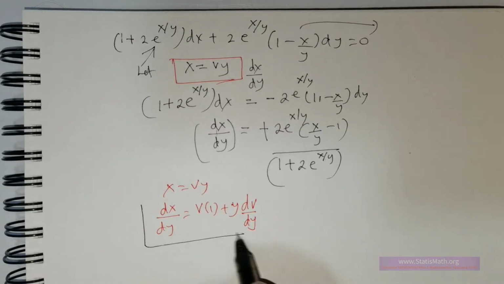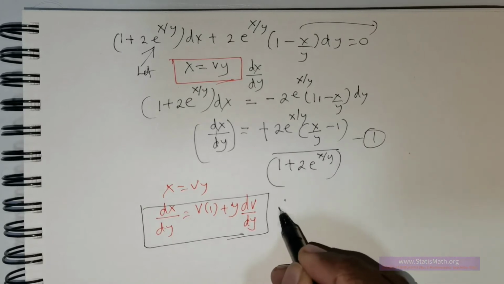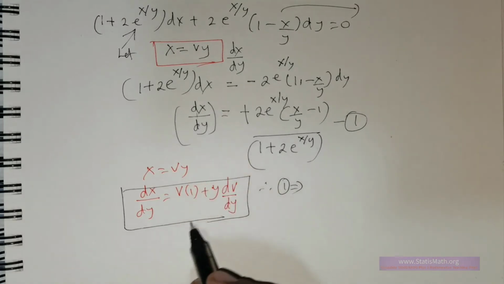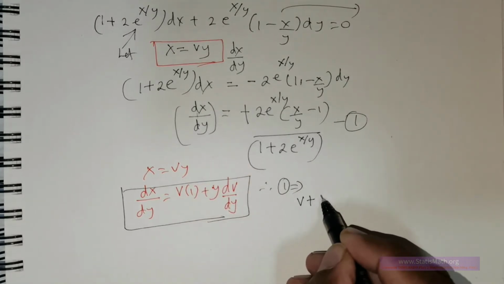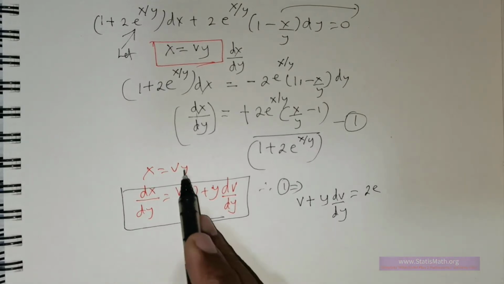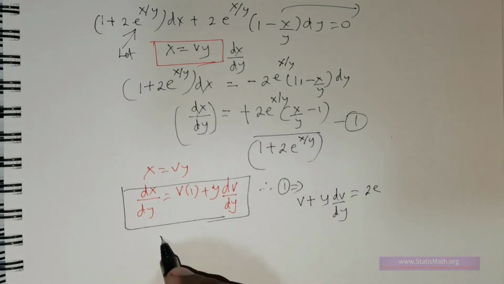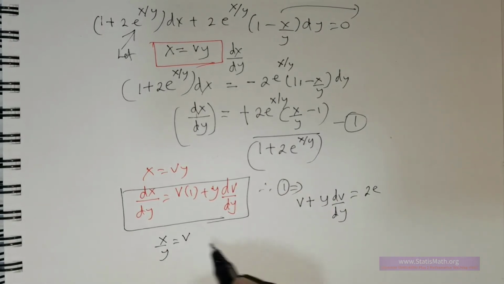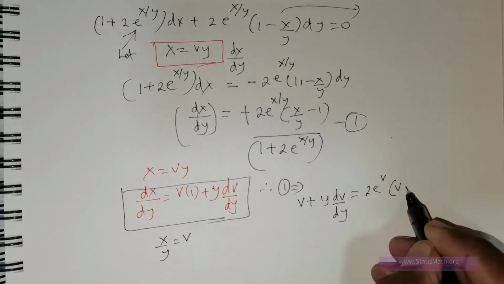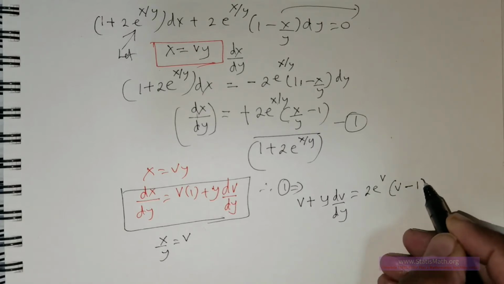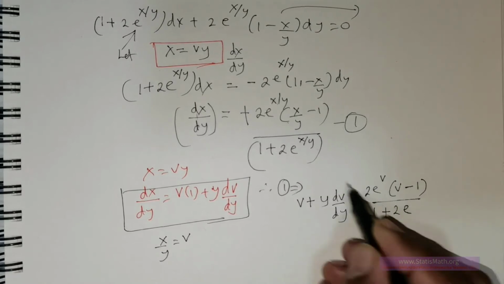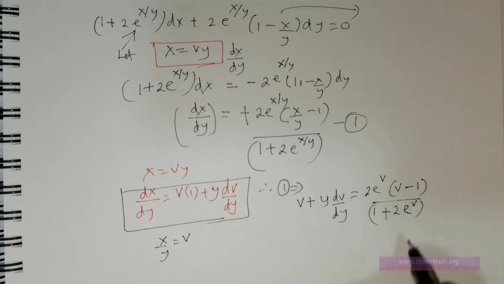So using this in equation 1, it will now be rewritten as: in place of dx over dy, I would be substituting v + y dv/dy equal to 2e^v times (v - 1), since x over y would now become v, divided by 1 + 2e^v. So this is what we have got.